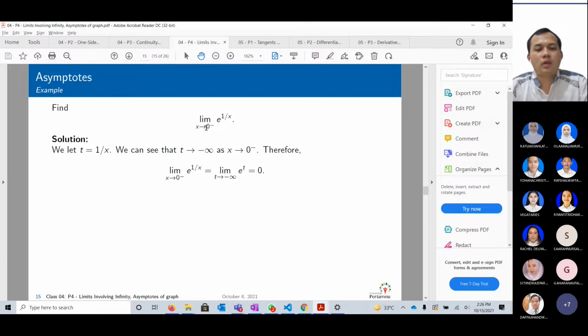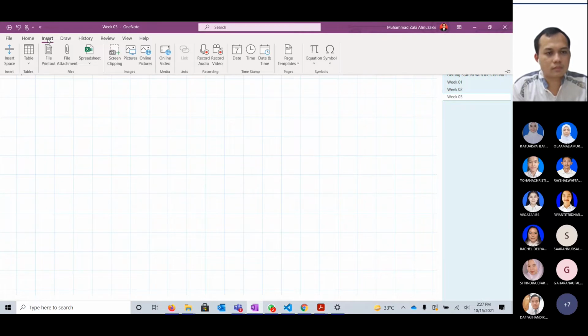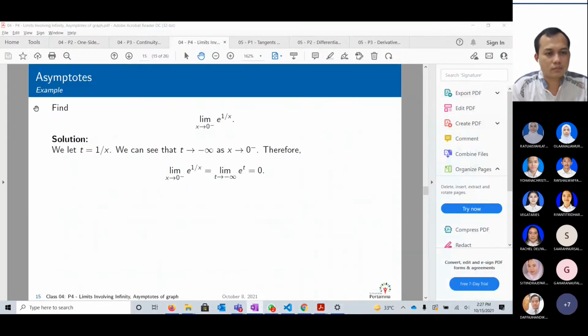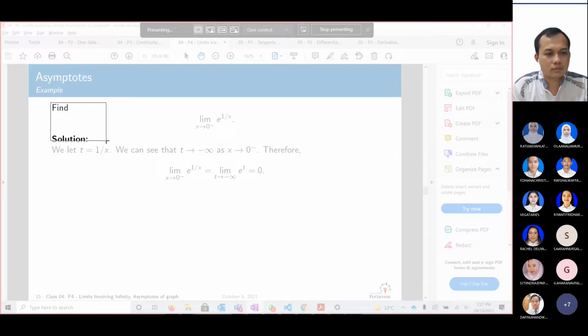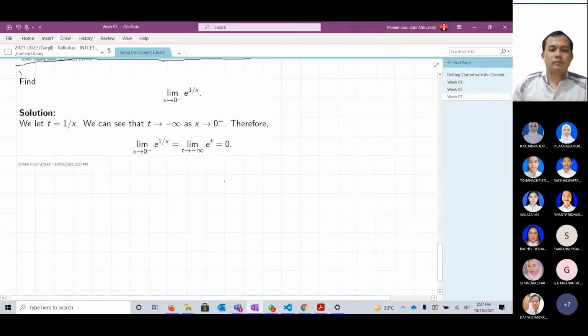Jadi kita mau mendekati 0 dari sebelah kiri, ya. Kalau misalkan x menuju 0 dari sebelah kiri, maka 1/x akan menuju berapa? Okay.